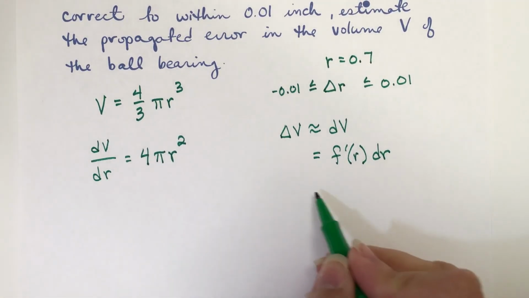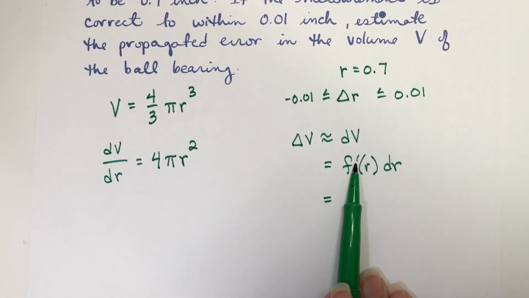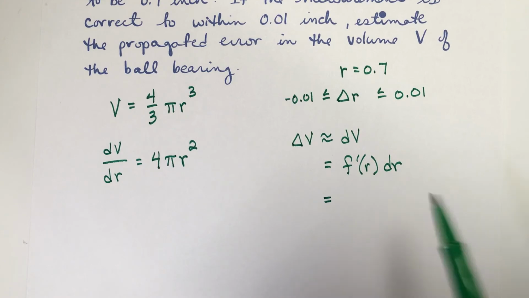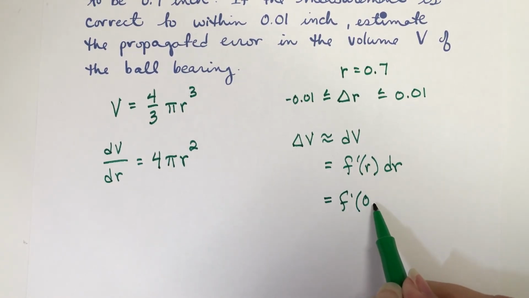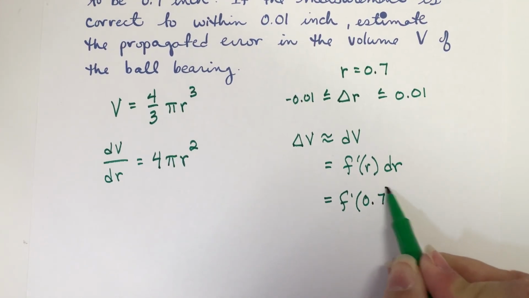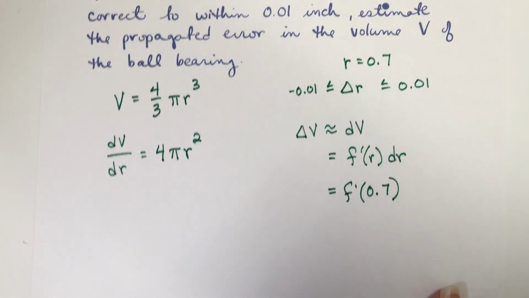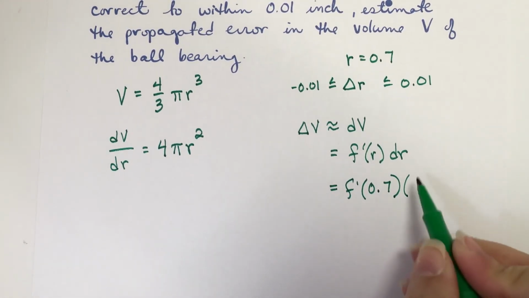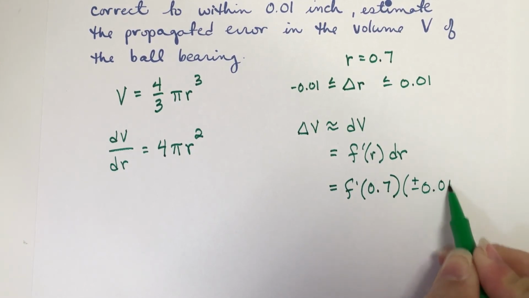All right, so we need to evaluate the derivative at 0.7. And then our dr can be plus or minus 0.01.